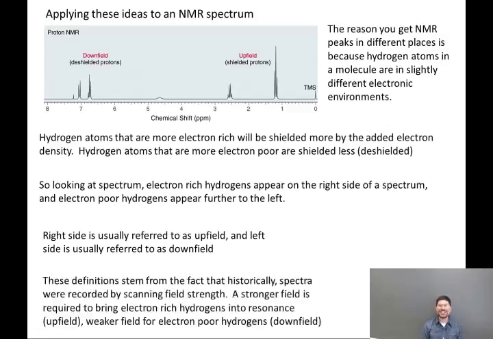These definitions stem from the fact that historically, spectra were recorded by scanning field strength. A stronger field would be required to bring electron-rich hydrogens into resonance, thus the term upfield, whereas a weaker applied field would be required for electron-poor hydrogens, thus the term downfield.